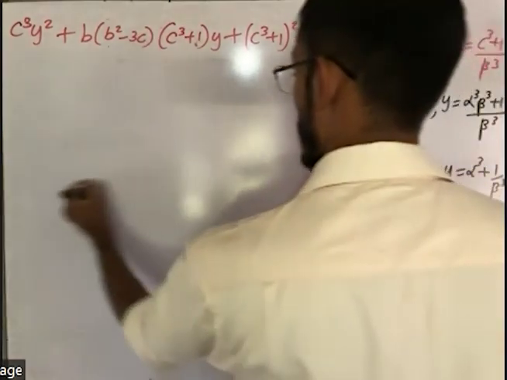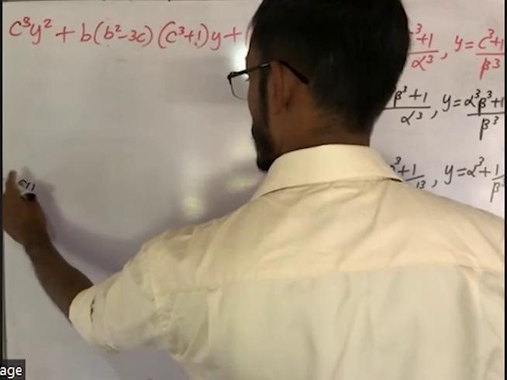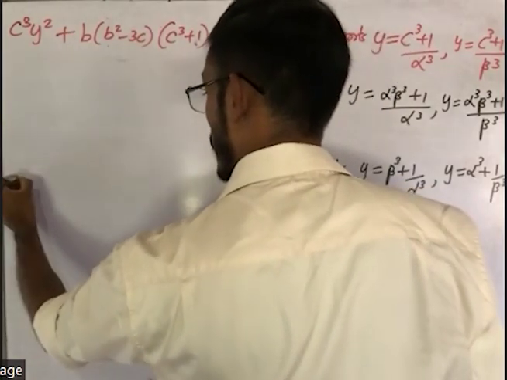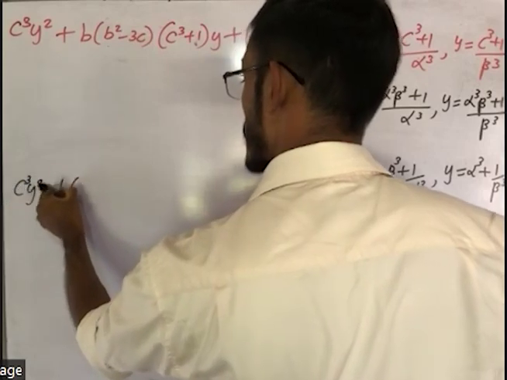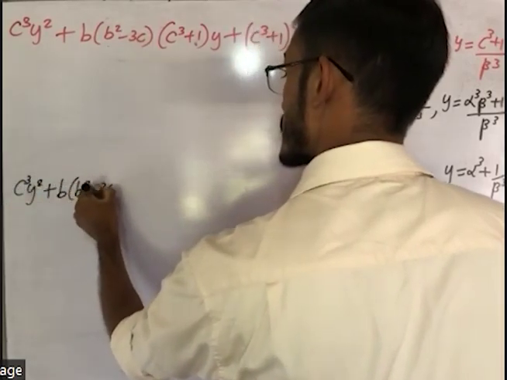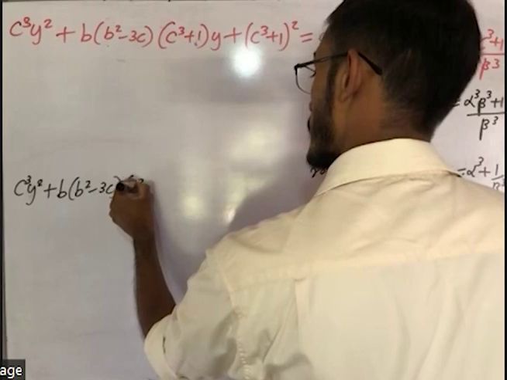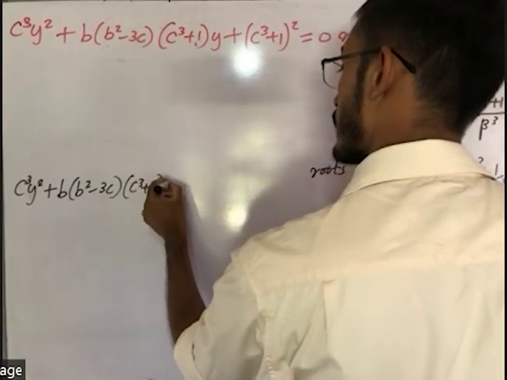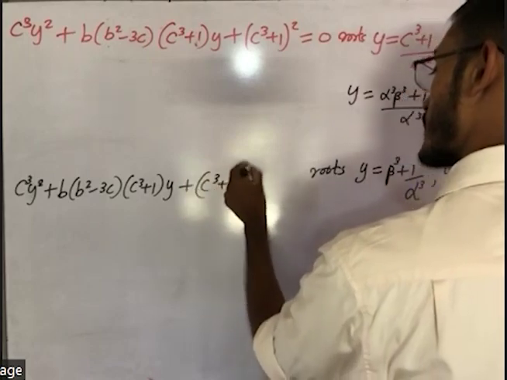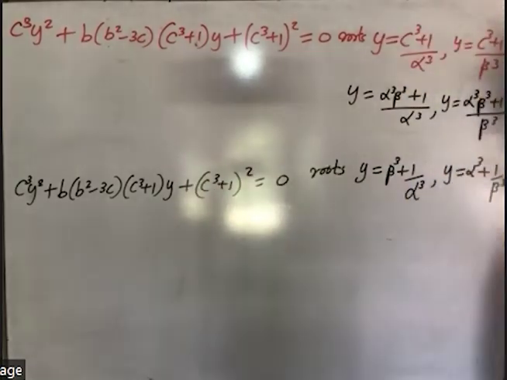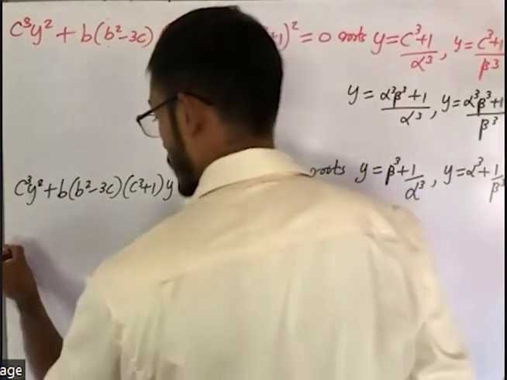Right? So here the equation is c to the power 3 y square plus b into b square minus 3c into c to the power 3 plus 1 y plus c to the power 3 plus 1 square of the whole thing equal to 0. Right. Now this is the final answer. So you can keep the final answer in terms of x.